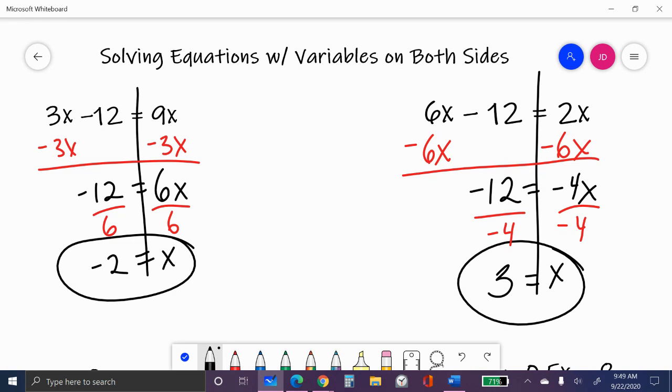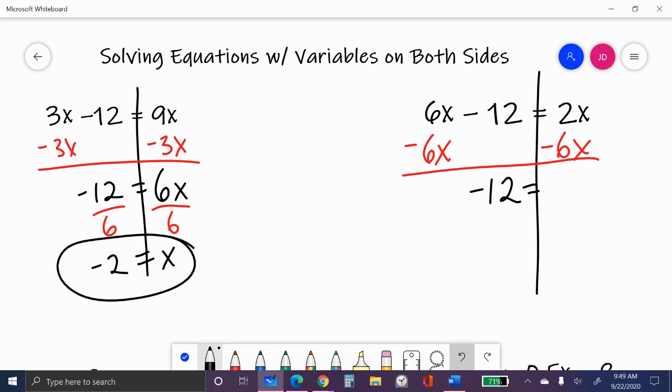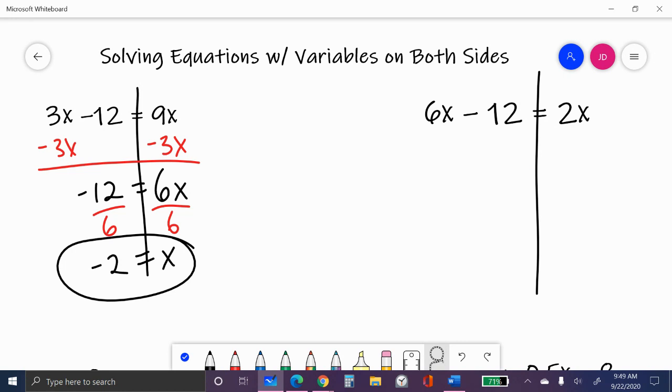Okay, now if you did it the other way, I'm going to undo this just to show you. You have to be careful because you're actually creating more work for yourself, but it won't be a horrible thing if you subtracted 2x from both sides. You would have to remember 2x minus 2x, it just doesn't magically disappear and there's no number there.